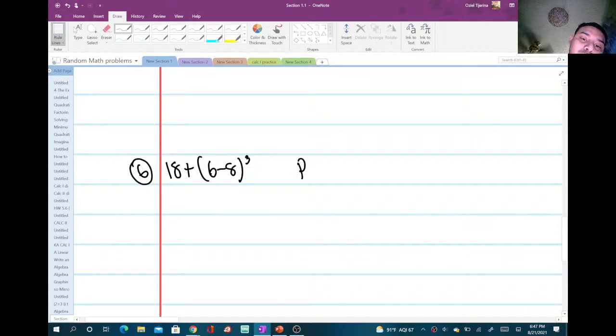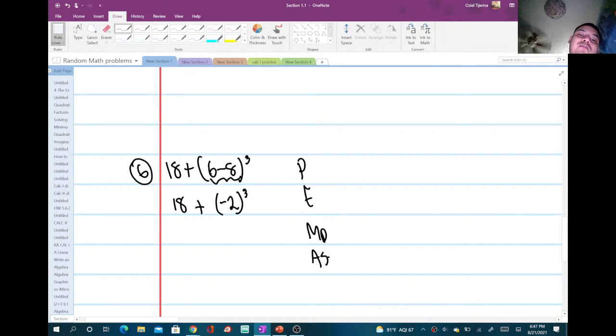So again, we do PEMDAS. Parentheses. We have a 6 minus 8 on the inside, so then that is going to be negative 2. And then that is cubed, right?